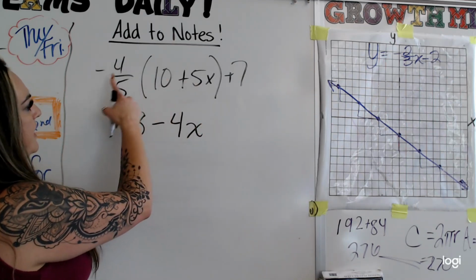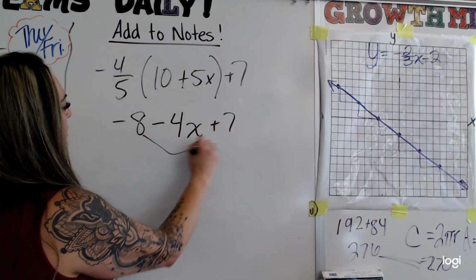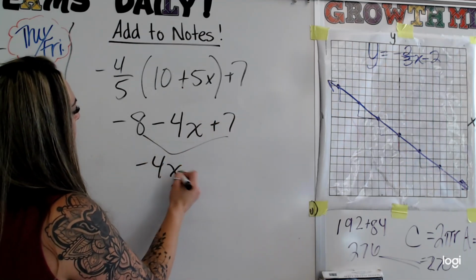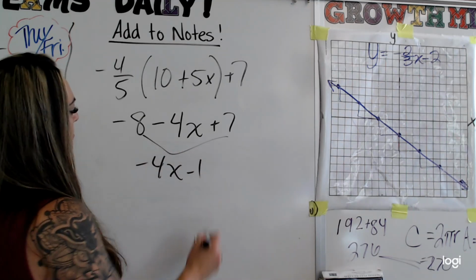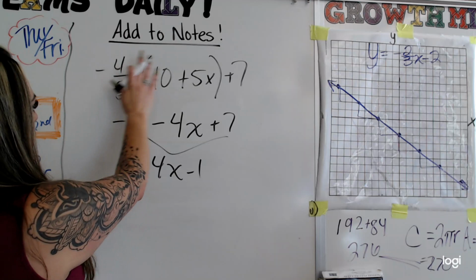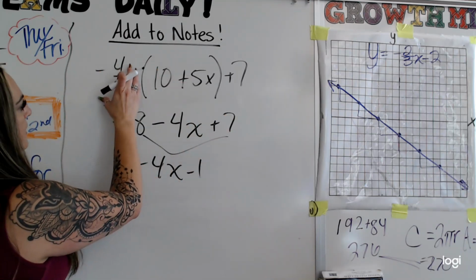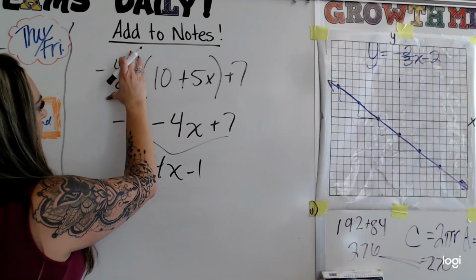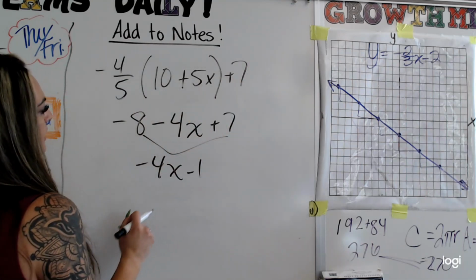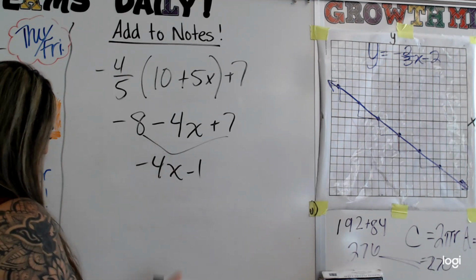You distribute that, negative 20 divided by 5 is negative 4. And then bring down the 7, combine like terms, and you get negative 4x minus 1. So knowing how to rewrite this by distributing the fraction or multiplying by the reciprocal, you have to do it here and here. Okay, so those are those.